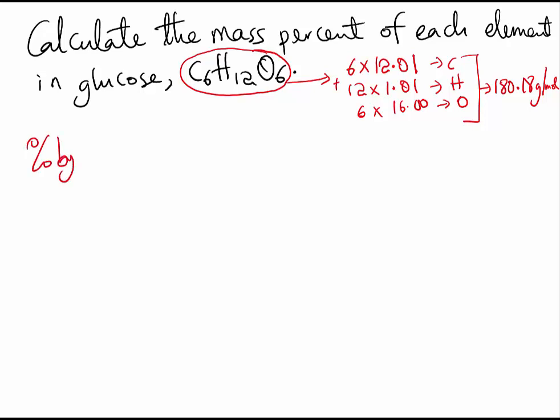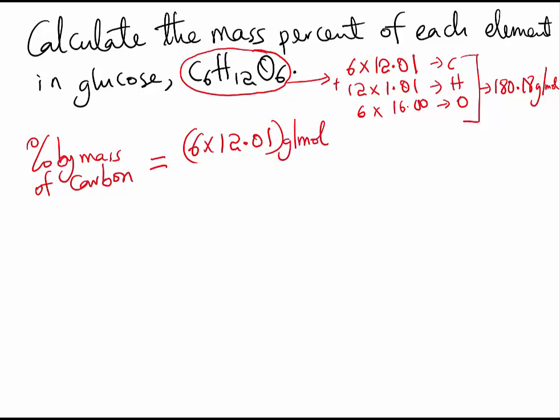Percentage by mass of carbon will be equal to 6 times 12.01 gram per mole, since we have 6 atoms of carbon in glucose, divided by the molar mass of the compound, which is 180.18 gram per mole, times 100.